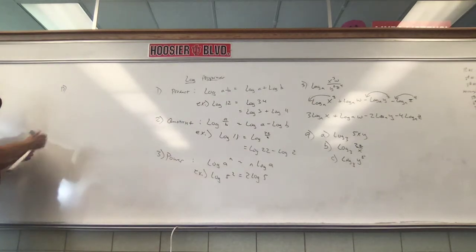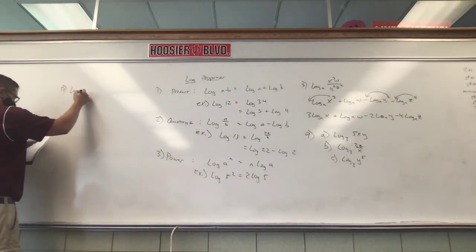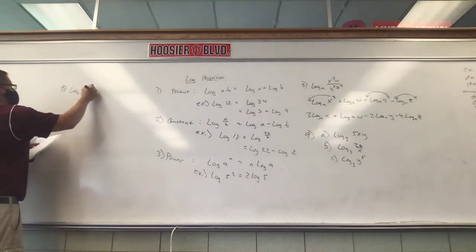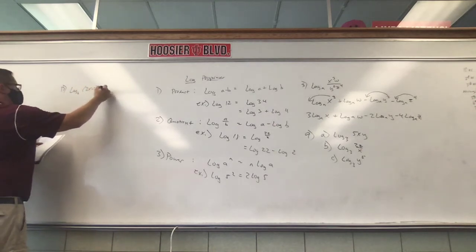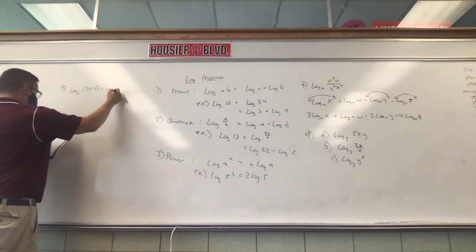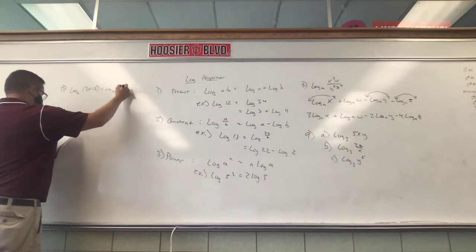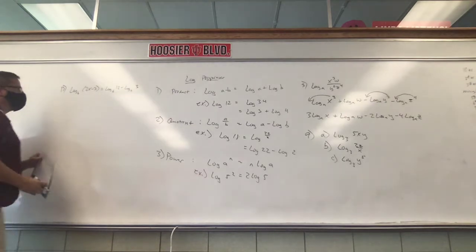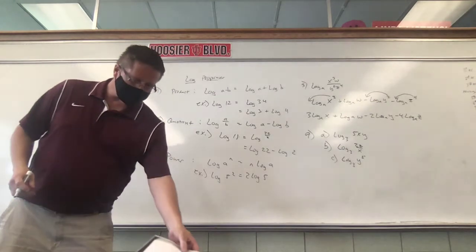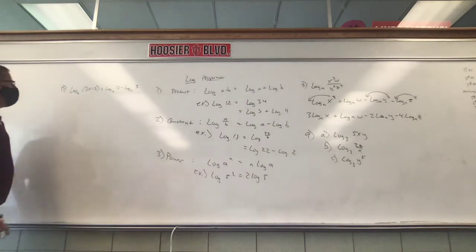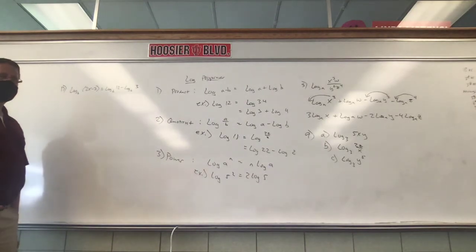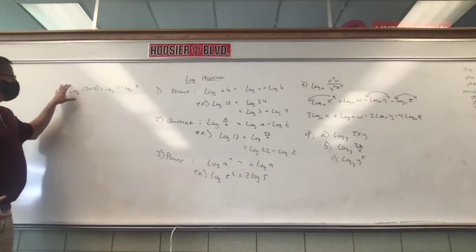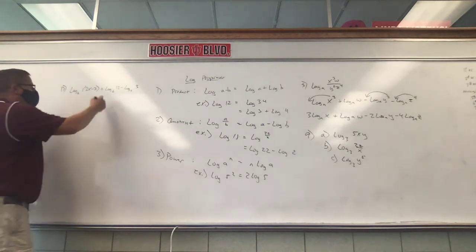We have log base 6 of 2x minus 3 equals log base 6 of 12 minus log base 6 of 3. We can't combine all the logs because they're on different sides, but I can combine these.